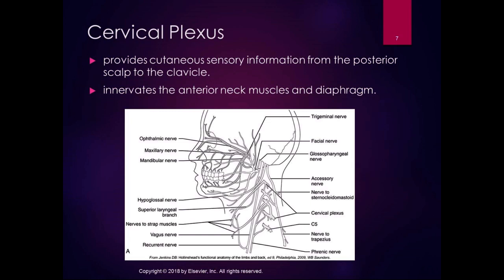So we'll talk about this a little bit more in the spinal region. But a good way to remember which level of the cervical spine innervates the diaphragm, it's C4, breathe no more. So if you have a spinal cord injury above C4, then you will need artificial respiration in order to breathe.